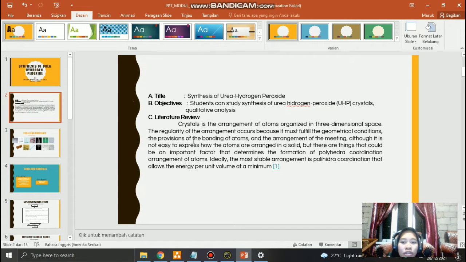Although it is not easy to express how the atoms are arranged in a solid, there are things that could be important factors that determine the formation of polyhedral coordination arrangement of atoms. Ideally, the most stable arrangement is the polyhedral coordination that allows the energy per unit volume to be at a minimum.